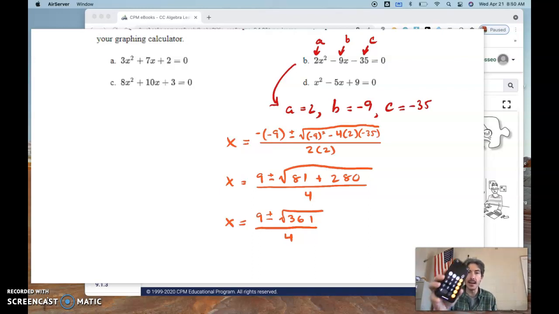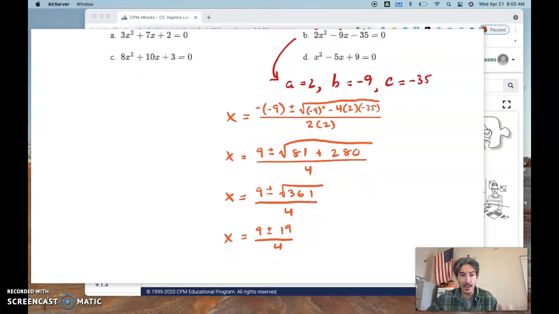I've got my handy iPhone calculator. And if I turn this thing sideways, I get that radical symbol. So I will type in 361, and I will take the square root of that thing, and voila. It's a pretty nice number. So that turns into 19. I've got X equals 9 plus or minus 19 divided by 4.